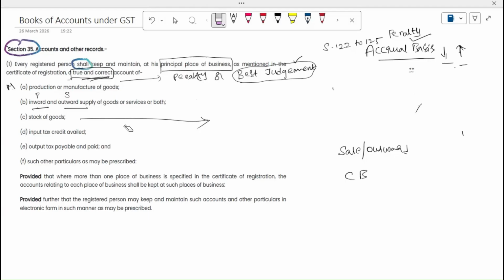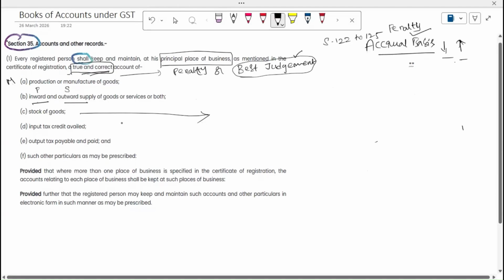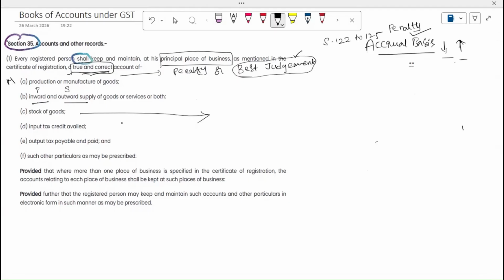Then input tax credit availed, output tax payable. Now, this is important. Here we have section 16, which talks about your input tax compliances. Like, we have conditions.